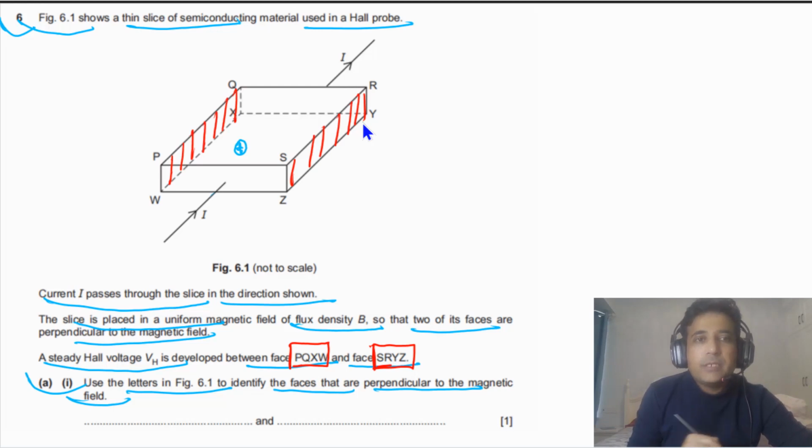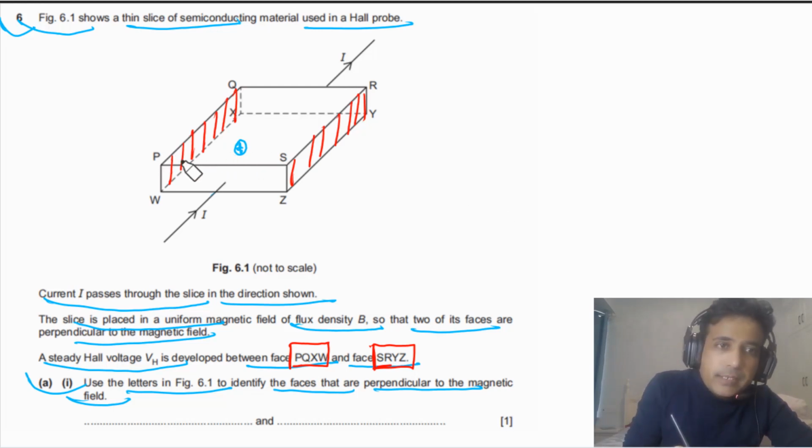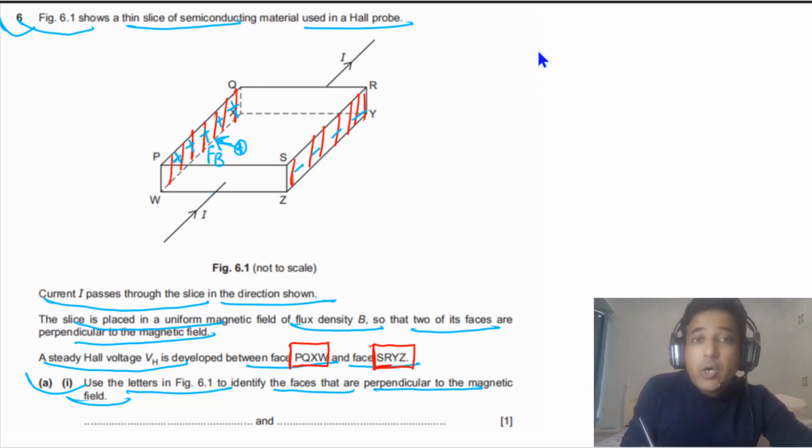So we can imagine that this side becomes more positive and this side becomes more negative. It means in this case, the magnetic force on the positive charge is to the left. This is the direction of the magnetic force. Now you need to understand Fleming's left-hand rule.